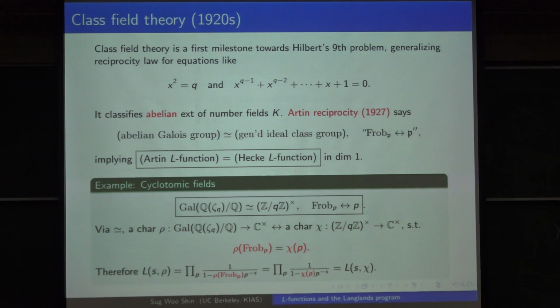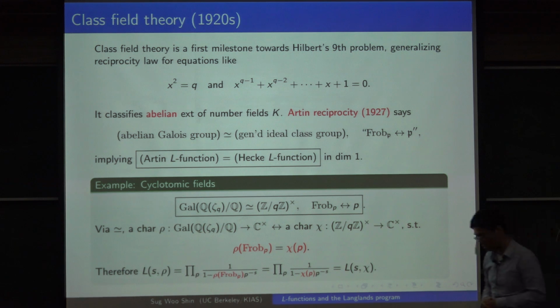But one thing to notice is that Artin actually defined an L-function also for non-abelian Galois groups, but here you can only explain the abelian case. If the Artin L-function comes from an abelian Galois group, then you can identify it with Hecke L-functions.